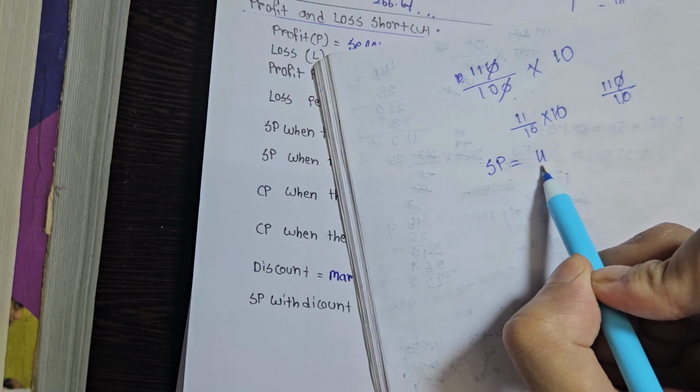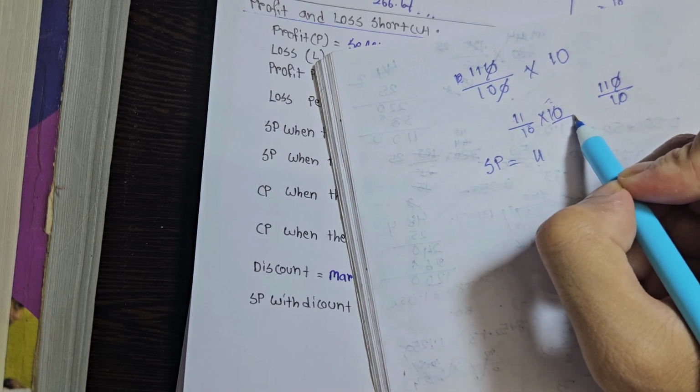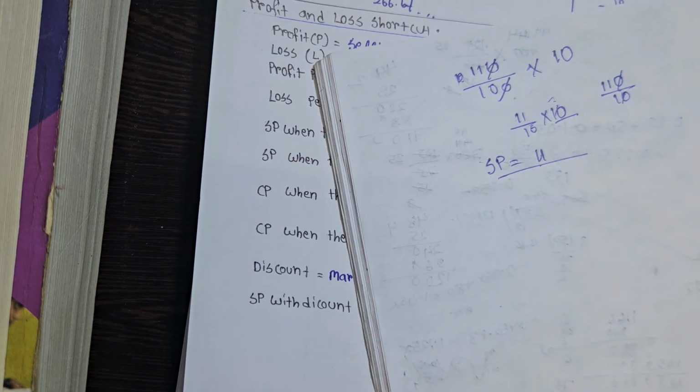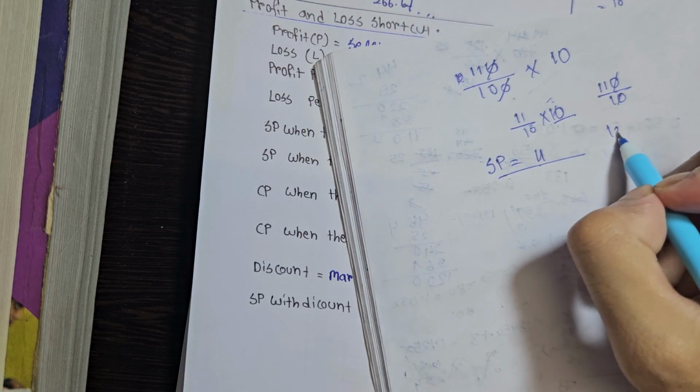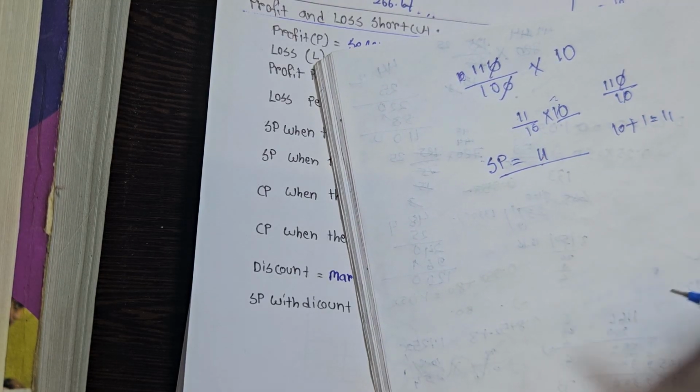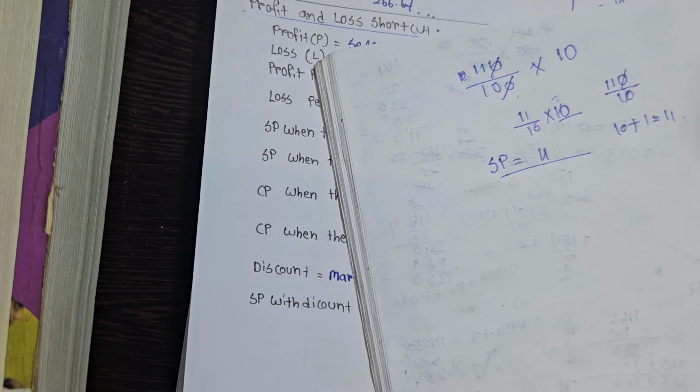So if the cost price is 10 and the seller wants to make a profit of 10%, he will sell at 11 rupees. Basic common sense as well, that 10% of 10 is 1 rupee, so 10 plus 1 equals 11. But if the values are different, the calculations would be much more difficult.